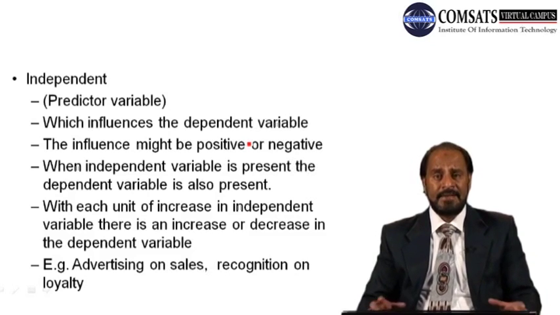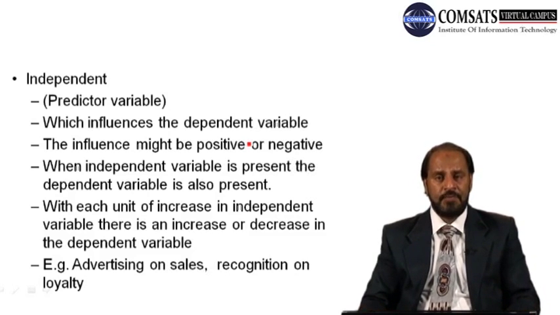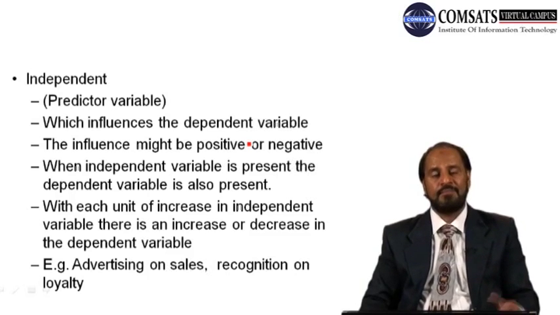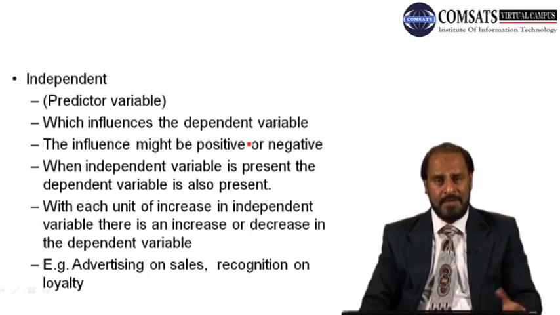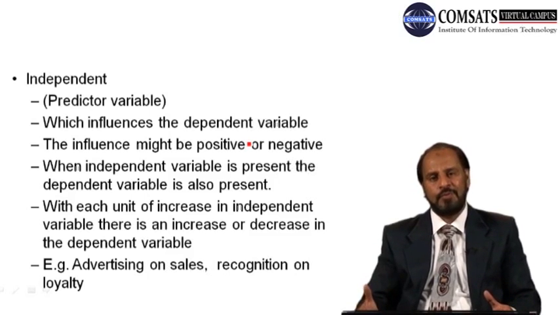This is the kind of relationship we try to establish, and once we are able to establish that out of these different independent variables, some of these variables have a much stronger influence as compared to the other variables, then the management tends to focus on those areas more and develop policies accordingly, make management decisions and changes so that sales could be improved.